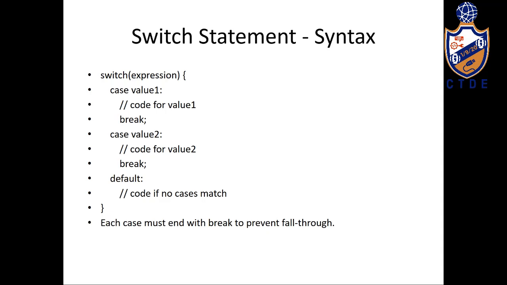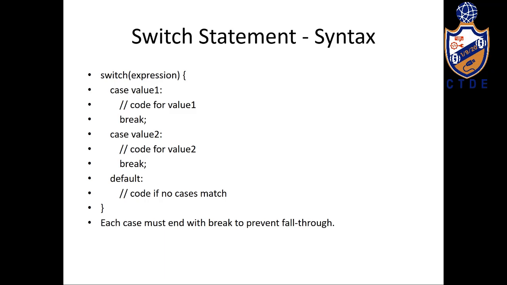All right, so we have the switch expression. You have the variable or an expression. You'll see, we're going to have examples. Then case one is the first possible value. If the variable is Monday, and the first case is Monday, then you do this. That's the code for the first value. Then you write the break statement.